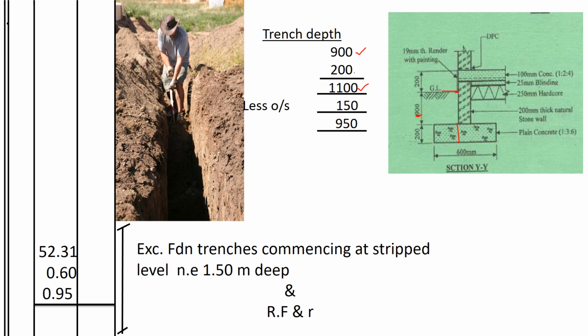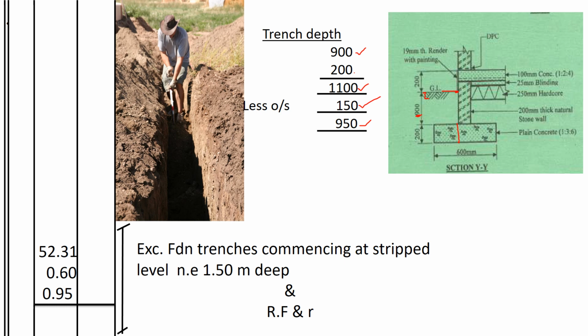Then we shall less 150 for the excavation of oversight. So 1100 minus 150 is 950. So the depth of the trenches we shall excavate is 950. We have less 150 because we had already excavated it for the oversight.